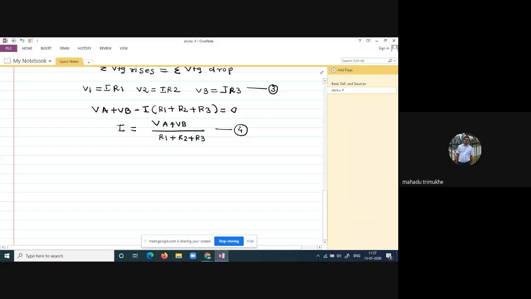In these equations, VA plus VB is nothing but the total sources present in the loop, and R1, R2 and R3 is nothing but the total resistance in the loop.